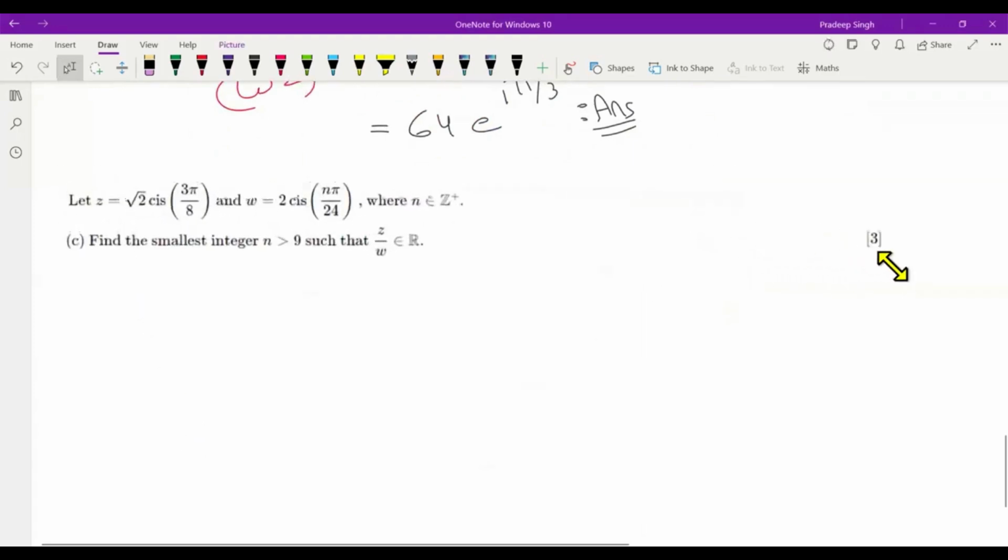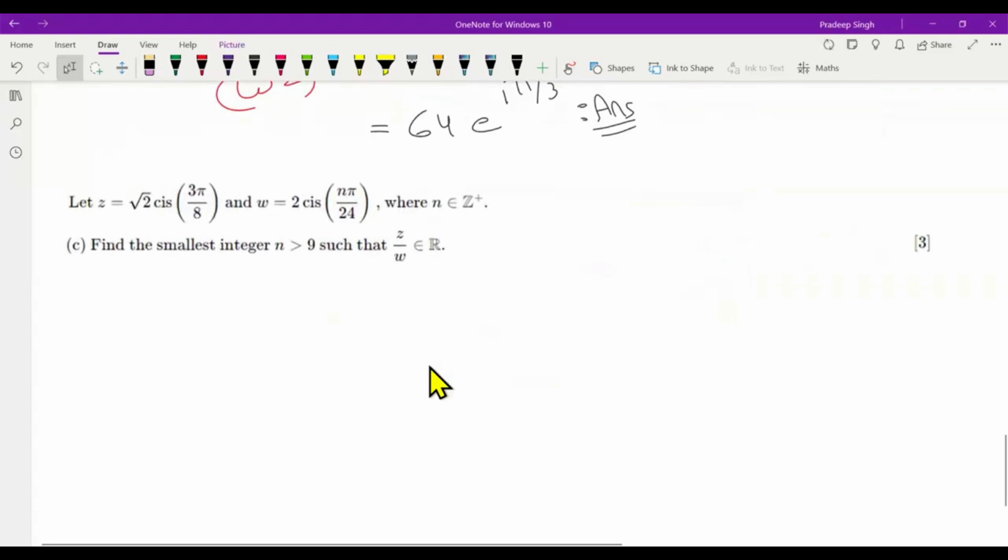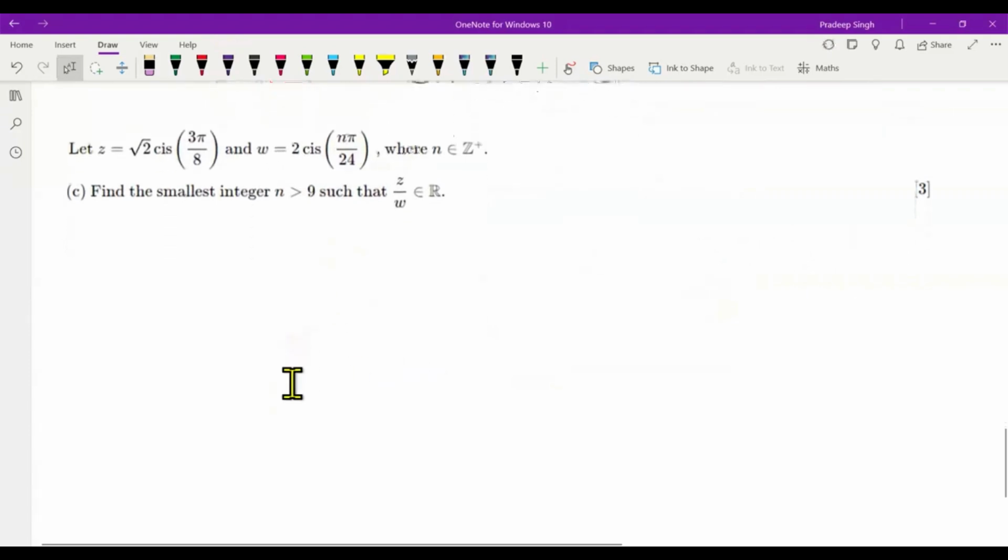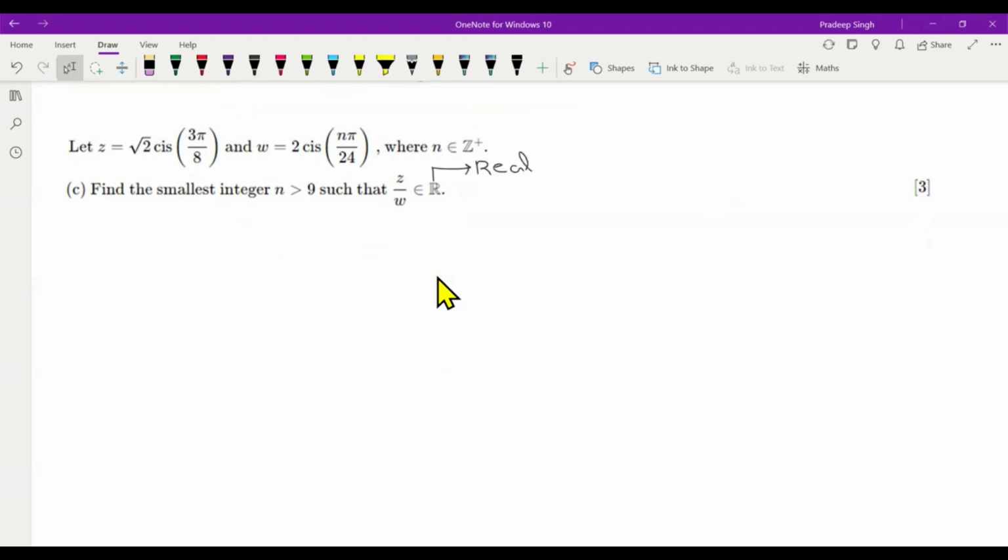All of you, please try the C part of the same question. Find the smallest integer n such that the division is a real number. So we know the trick. If it's real, the imaginary part should be 0.